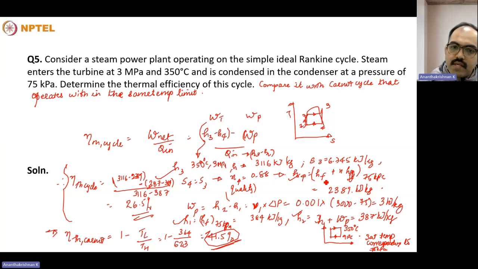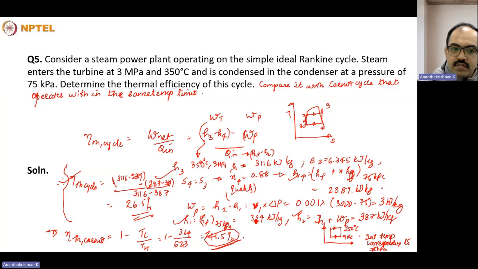But in the case of the Rankine cycle, though the highest point will be at 350 degrees Celsius, the average temperature of heat addition will be lower. So that results in a lower efficiency. The average temperature of heat addition, T high, will be lower in the case of the Rankine cycle, and that results in a lower efficiency compared to a Carnot cycle.